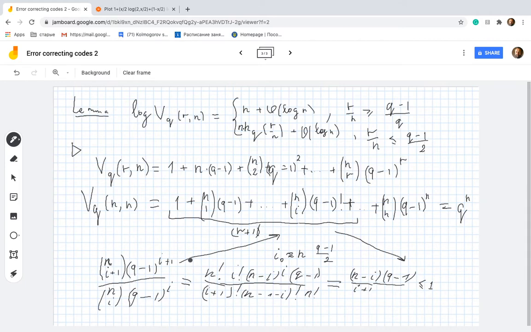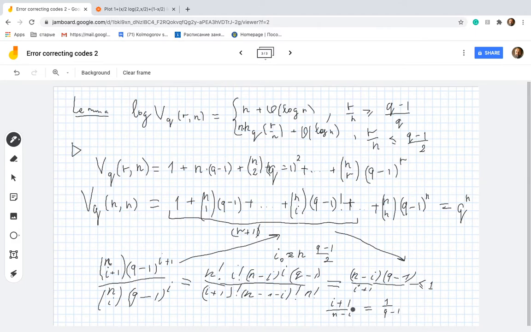At some point it becomes less than 1, and this is the point where the increase is changed by the decrease. So we need to solve the equation i plus 1 over n minus i is equal to 1 over q minus 1.